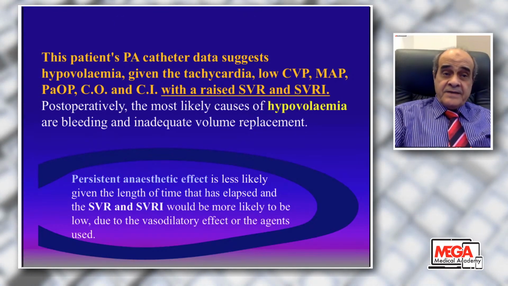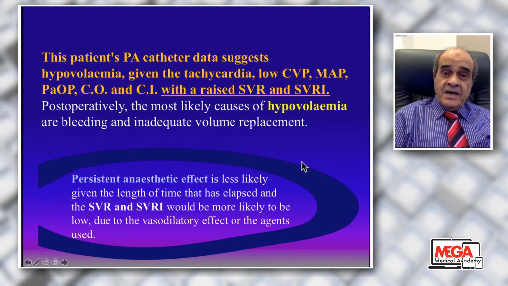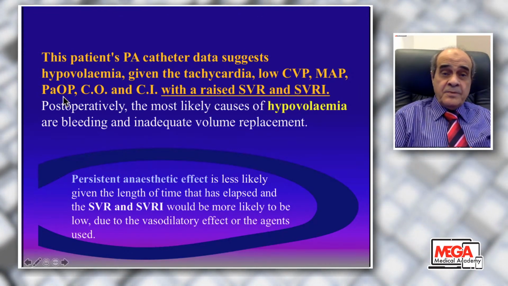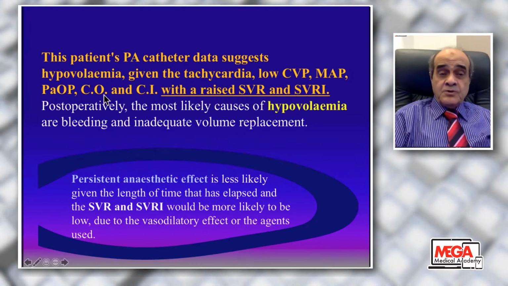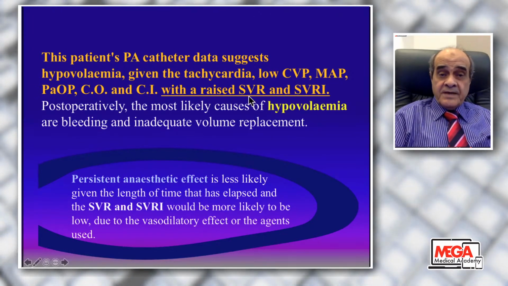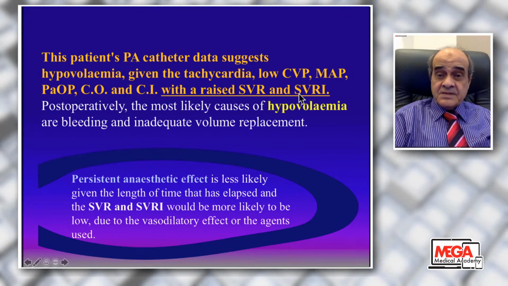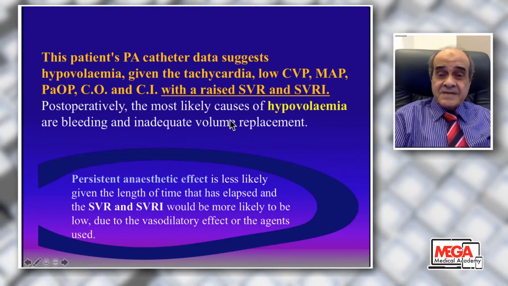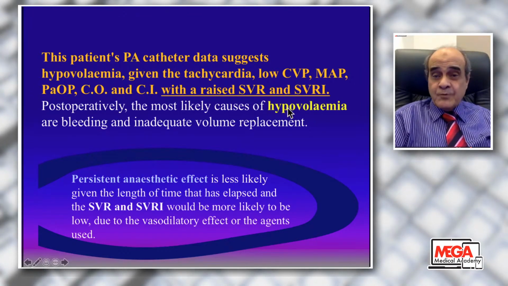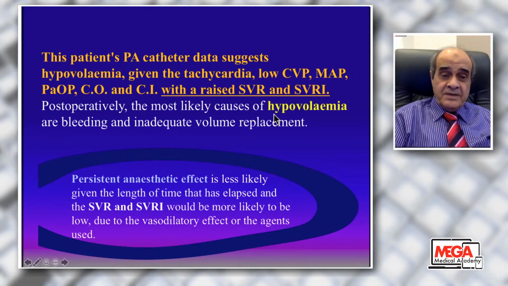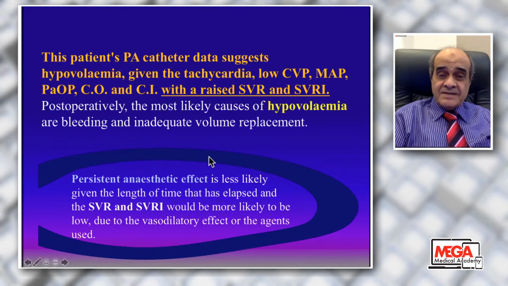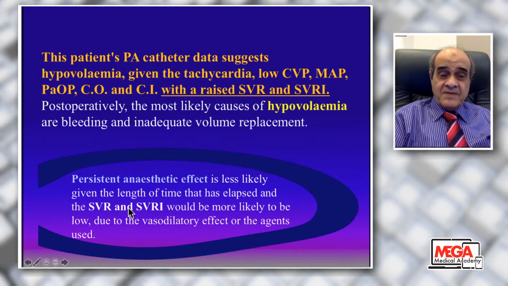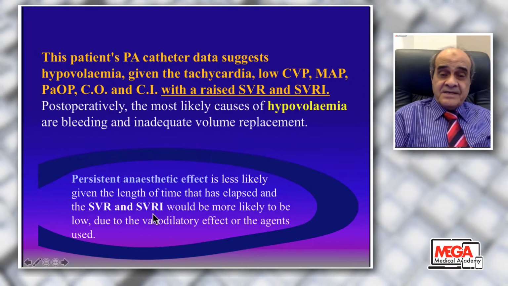The patient's pulmonary artery catheter reveals hypovolemia: tachycardic patient, low CVP, low mean arterial pressure, low arterial occlusion pressure, low cardiac output, low cardiac index with raised systemic vascular resistance and systemic vascular resistance index. This all coincides with hypovolemia or a bleeding patient and not a residual anesthetic effect, because the systemic vascular resistance and index are high.